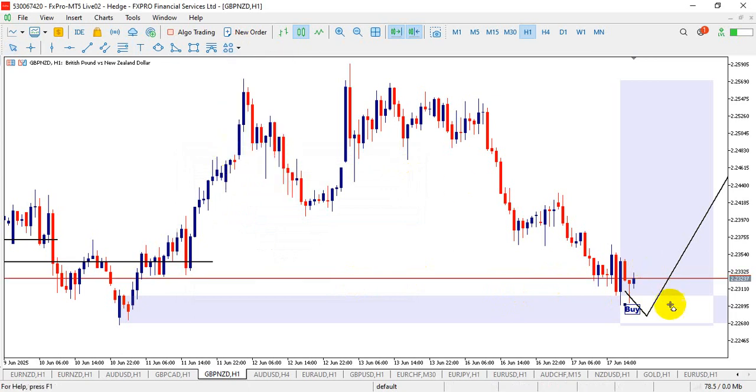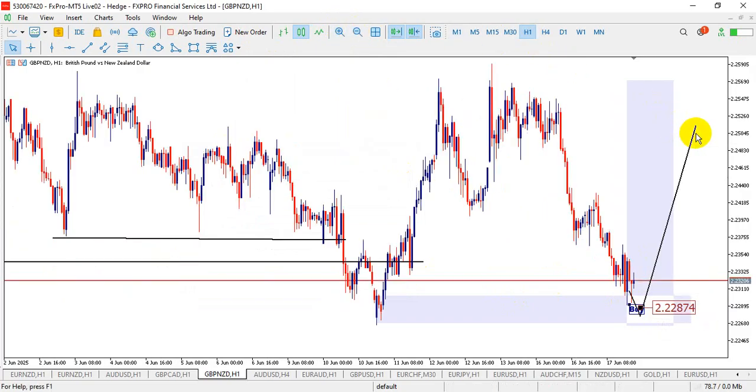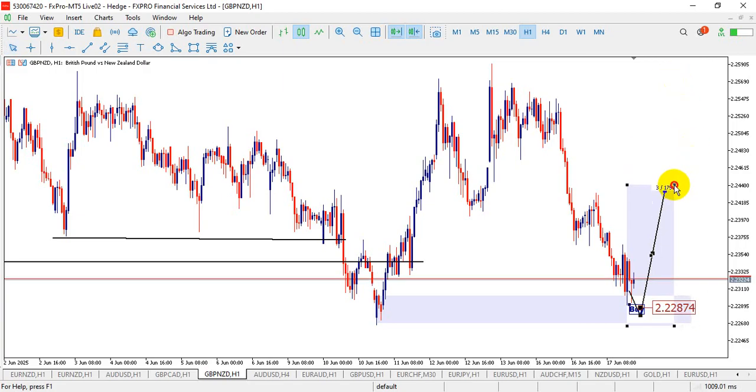So as price is pushing up, look at what we might do. If price pushes up, then let's split the TP into levels. Now for TP, first of all, TP1 should be at this level, this liquidity zone.